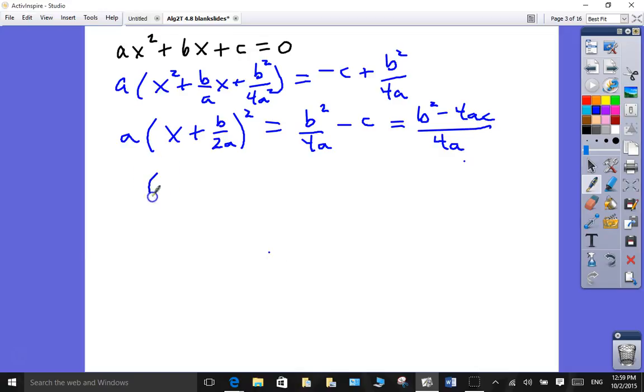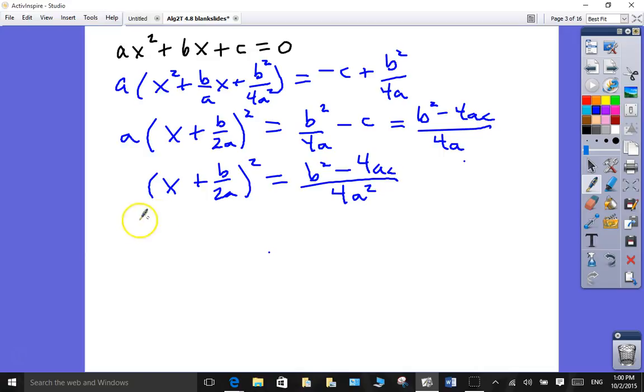Now we have x plus b over 2a squared equals b squared minus 4ac divided by 4a squared. So we've solved for the squared term. We're ready to take the square root of both sides.